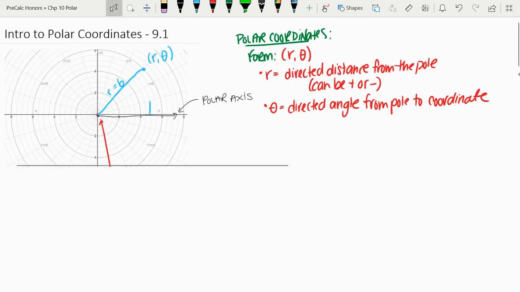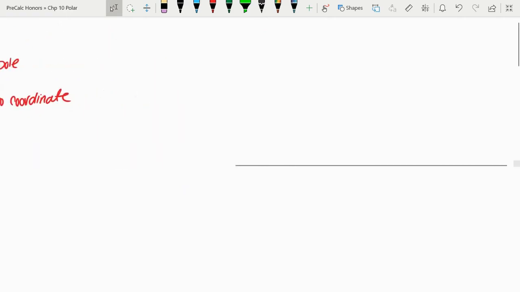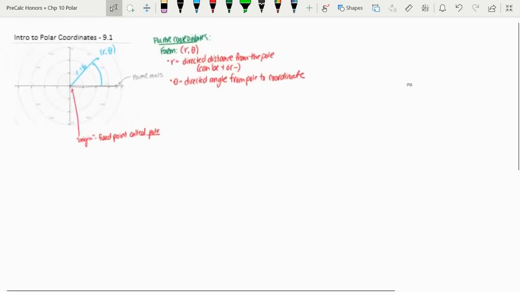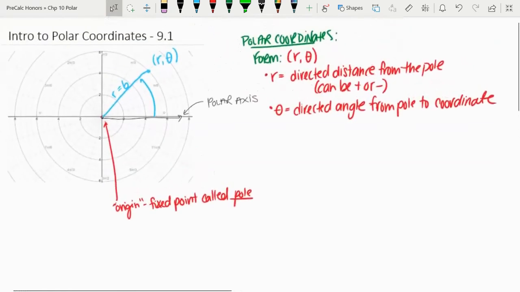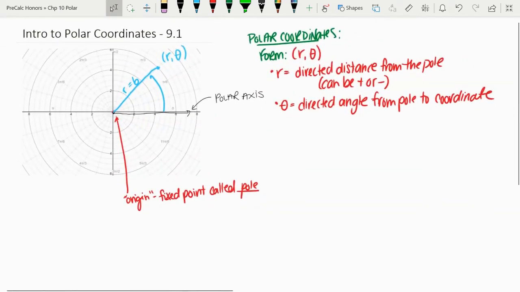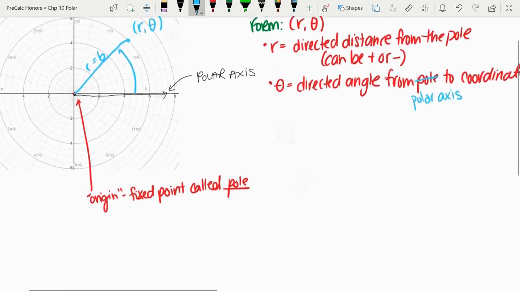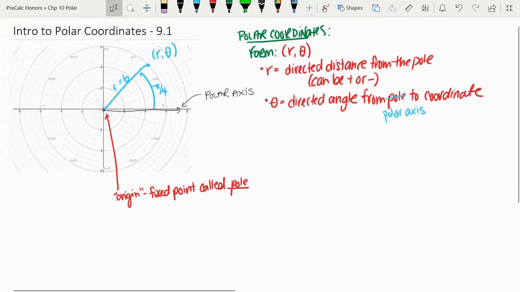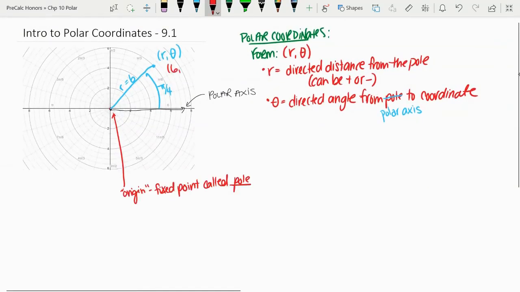And theta would be the angle from the polar axis to the coordinate. For this one, it looks like it's 45 degrees. And since this is in radians, pi over 4. So this coordinate here would be (6, pi over 4).